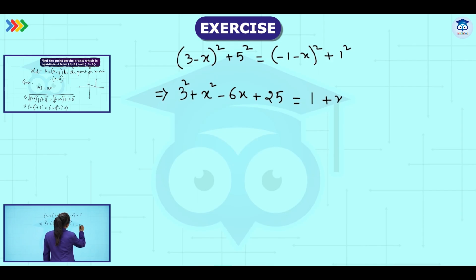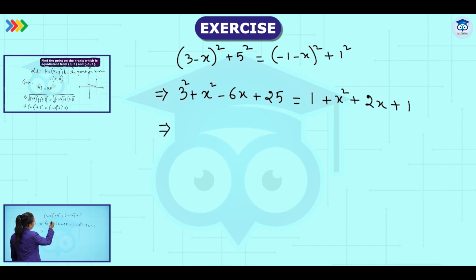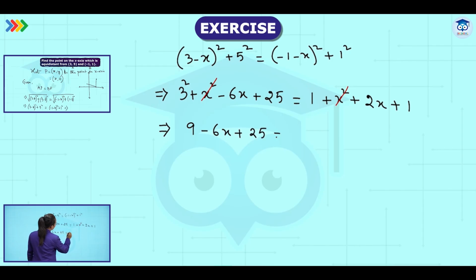So 1 plus x square plus 2x, and this is 1. Now this x square and x square will go away because both are having the same sign on opposite sides of the equation. So now we are left with 9 minus 6x plus 25 on one side, and here we have 2 plus 2x.